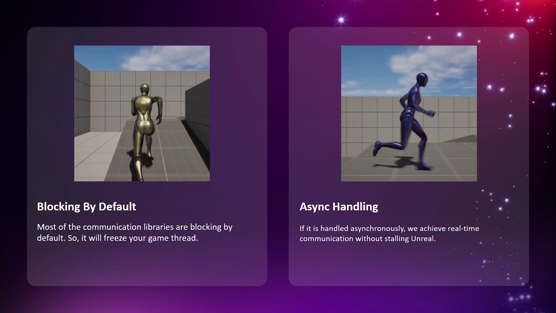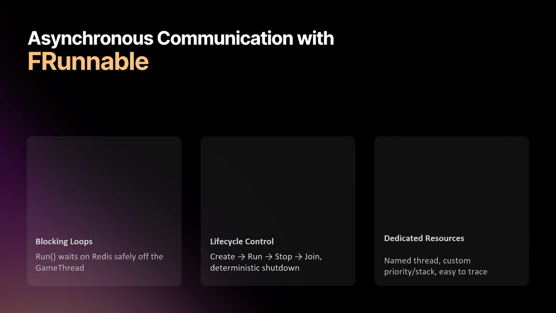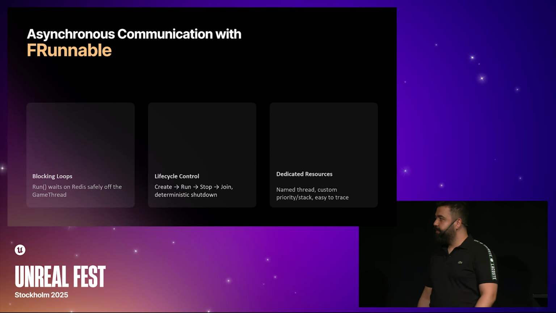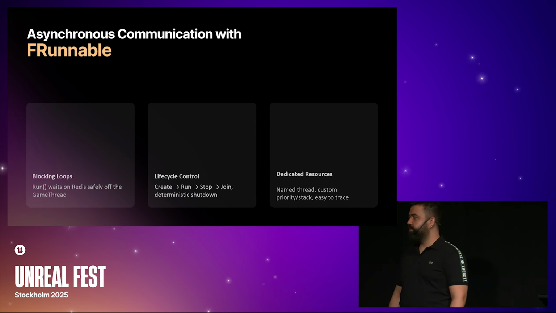And now, let's talk about how you can provide asynchronization. Although there are a few ways to provide asynchronization, we have finally used FRunnables. FRunnables are basically separate threads that let you separate your game logic from the other things. The Run method inside it will run infinitely unless you say the opposite.